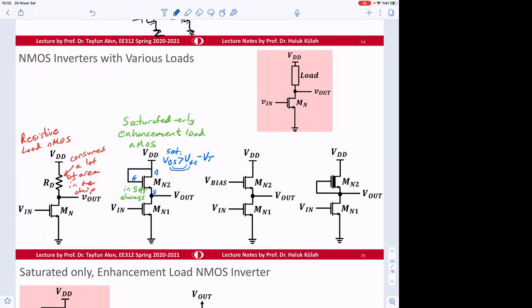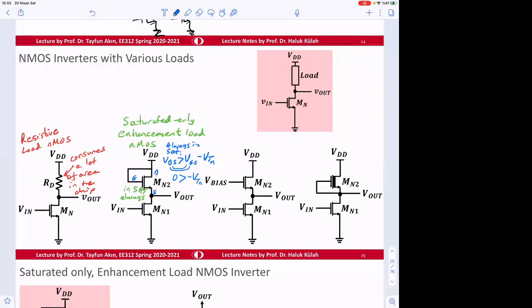Therefore, if we subtract, 0 is always larger than minus VTN. So always in SAT. So that is the case here.